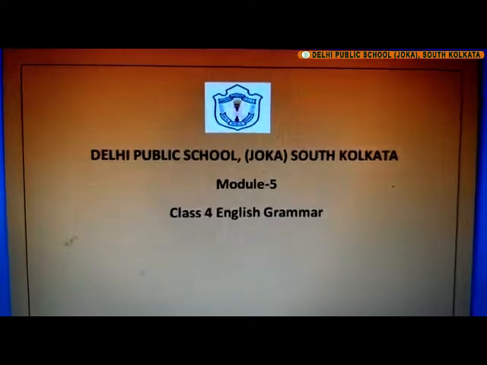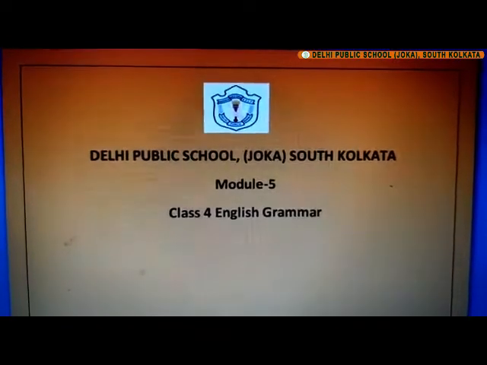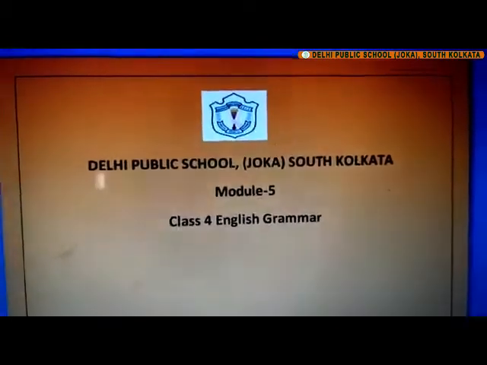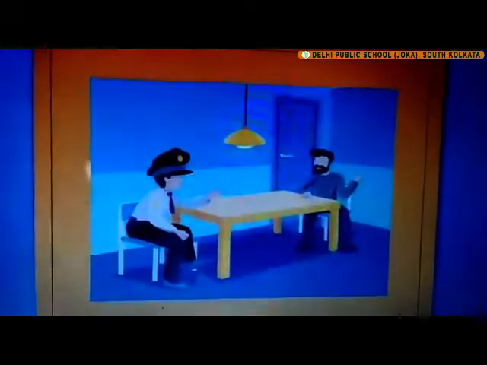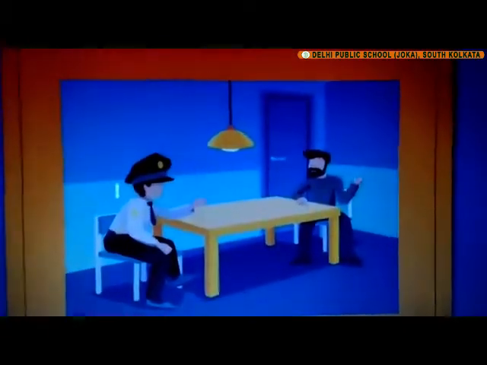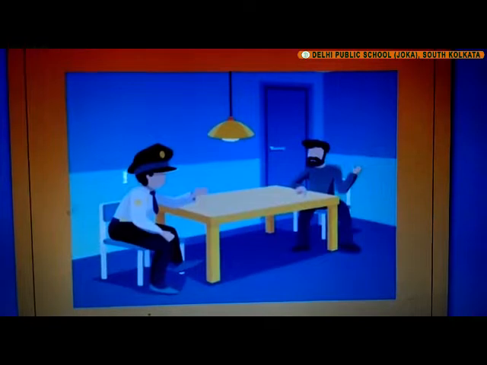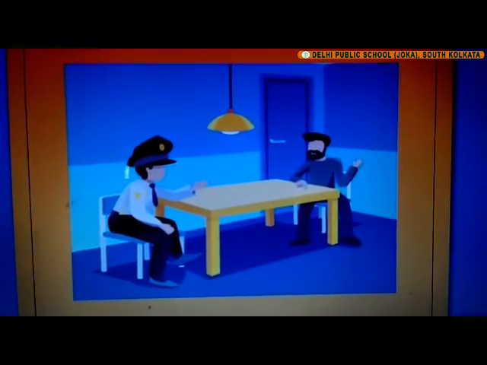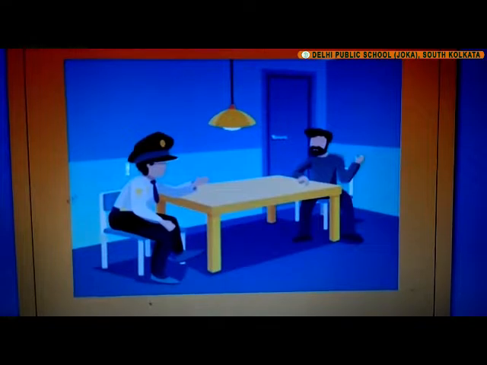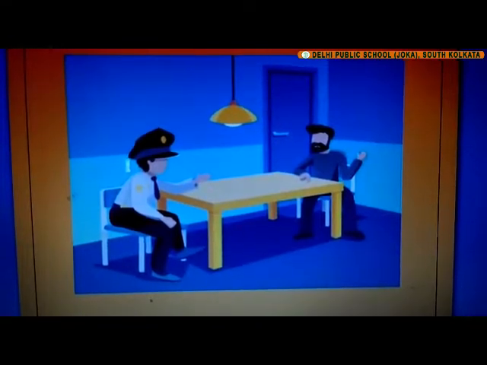Before I introduce the topic to you, I would like you to have a look at this picture. Can you all see the picture? In this picture, we can see a room, and in the room, on one side of the table, there's a policeman sitting.